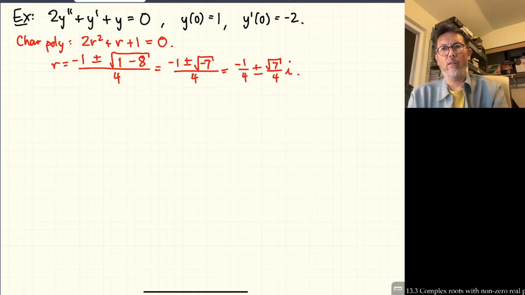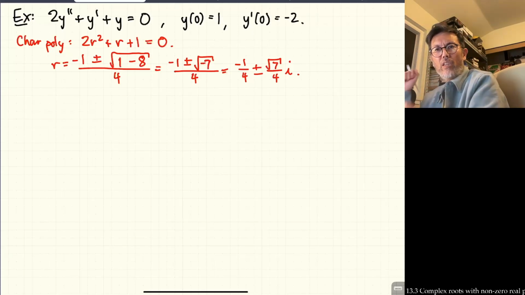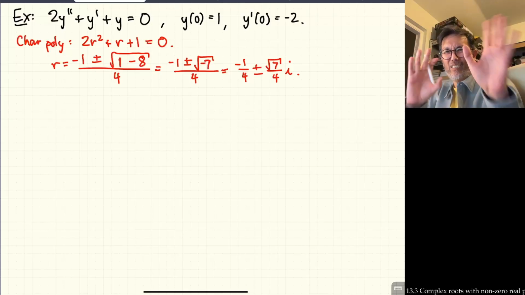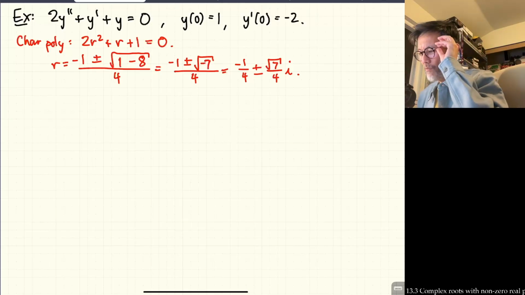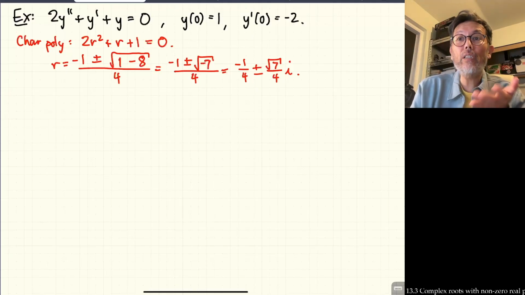Square root of negative 7 you can think of as square root of 7 times the square root of negative 1, and the square root of negative 1 is i. Just relax, formalists out there. So we have a pair of complex conjugate roots, you will not be surprised to find.